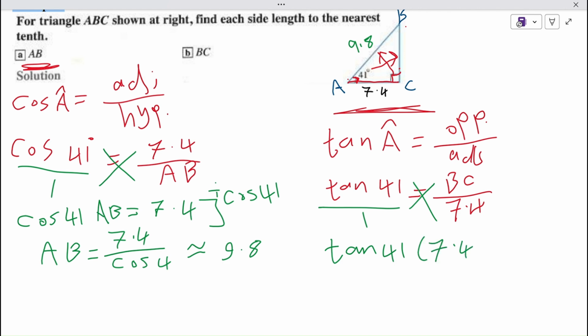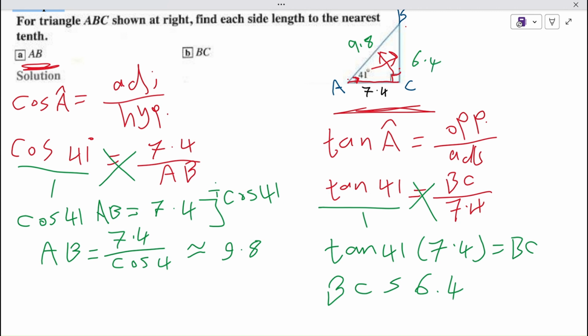So BC is equal to, guys, you can calculate tan 41, then multiply it by 7.4. We'll get 6.4. So BC is 6.4.